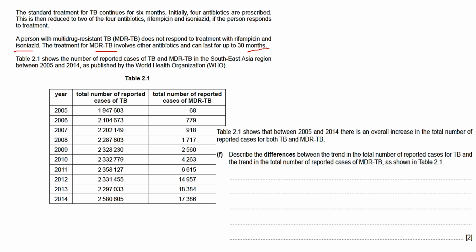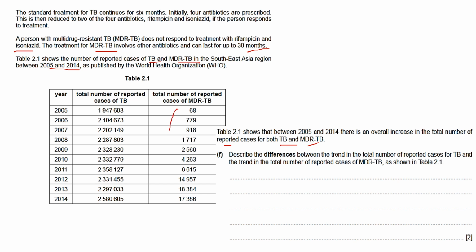This shows the number of reported cases of TB and drug-resistant TB in the Southeast Asia region between 2005 and 2014, as published by the World Health Organization. So obviously you read that, but if you're looking at it, you don't know what exactly you're looking at. So what does the question ask us to do? It shows that there is an overall increase in the total number of reported cases for both TB and MDR-TB.